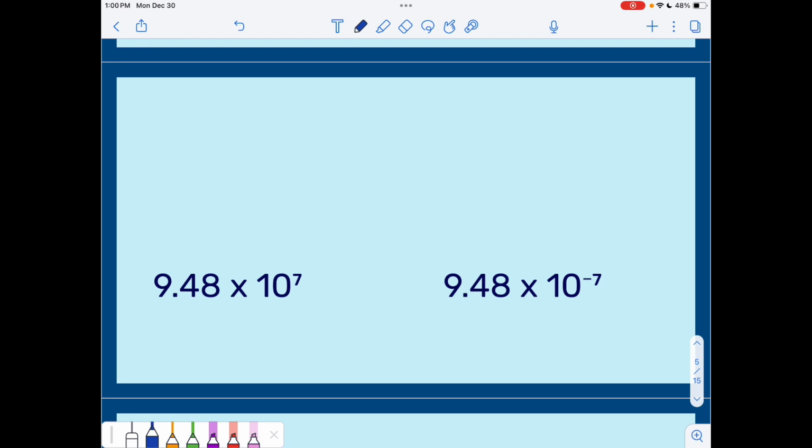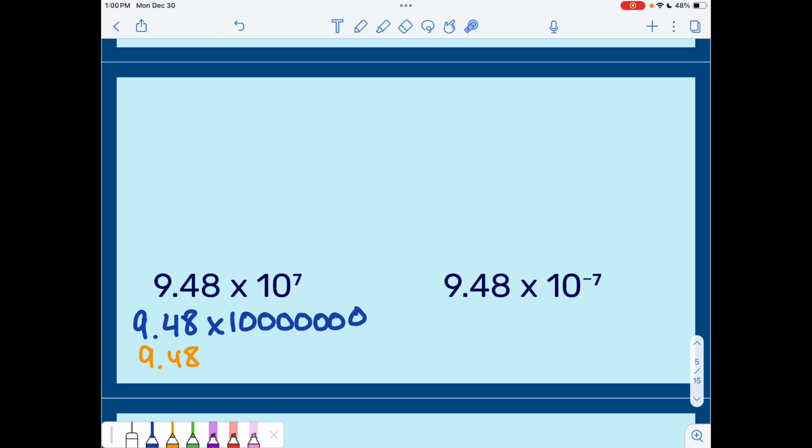So if we take 9.48 and multiply by 10 to the 7th, that's saying it's 9.48 times 1, 2, 3, 4, 5, 6, 7. Okay, so that is literally what scientific notation is saying if you expand it out. But a little hack, if you do that in your calculator, or you could add zeros, but something that we're going to do here is 9.48.